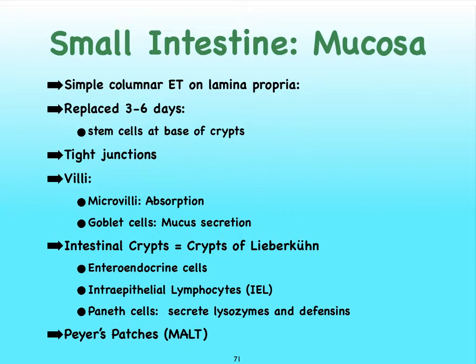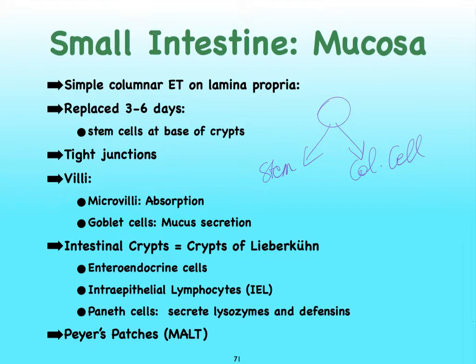When the stem cells divide, one of them is going to remain a stem cell, while the other one will turn into a columnar cell that's going to be able to actively secrete depending on whatever function is needed. These cells are, just like in the case of the stomach wall, connected by means of tight junctions, so it's very difficult for substances to sneak in between the cells.